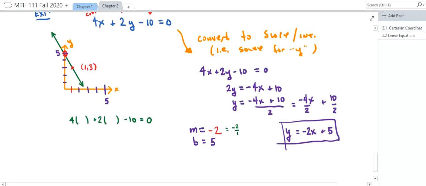So now I've got 4 times 1 plus 2 times 3, and I get 4 plus 6 minus 10, which is 10 minus 10 equals 0. Now I feel comfortable that I've got this correct. So it stinks when you get the problem correct, but you make your mistake in checking your answer. But it's all part of the process.